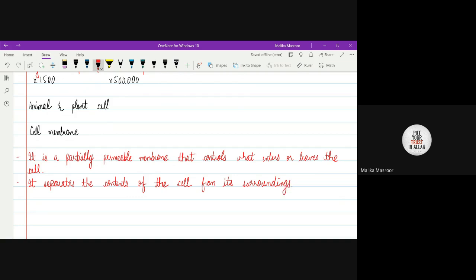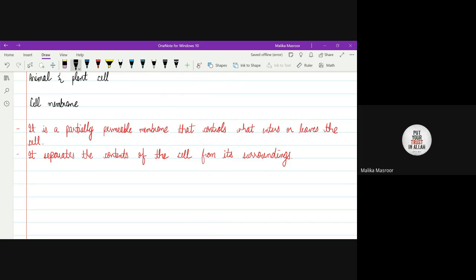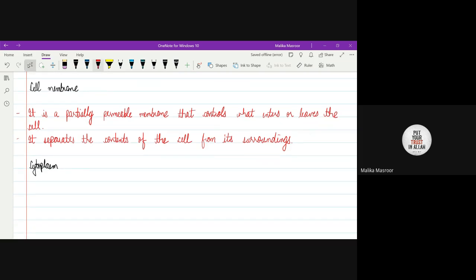All right. Secondly, let's talk about cytoplasm. Cytoplasm is basically a clear jelly and it's nearly all water. Okay, 70% of the cells are made up of water.